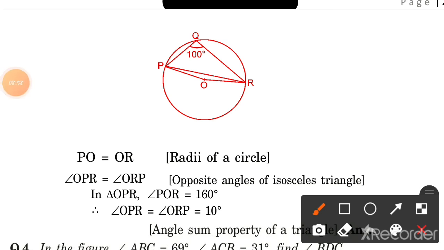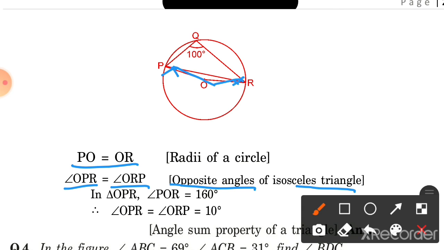Correct? So our aim is clear. We have the value of angle POR. So we can write now, keeping in mind that OP and OR are the radii. So these two angles are the same, angle OPR and angle ORP, because opposite angles of an isosceles triangle are the same.